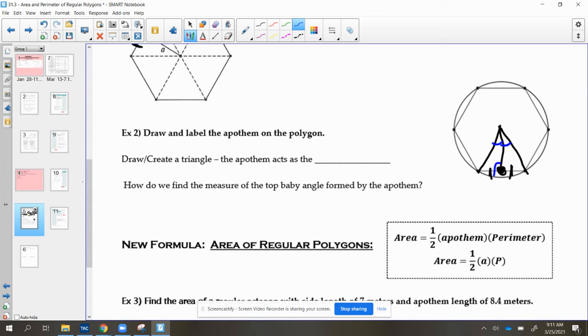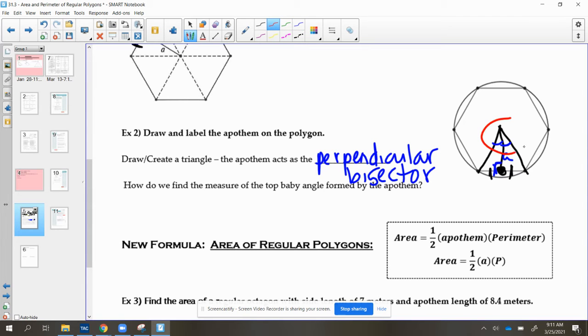Now the apothem here is also going to be known as the perpendicular bisector of that side that we drew in. So notice it would create this right angle and it cut the side into 2 congruent pieces.